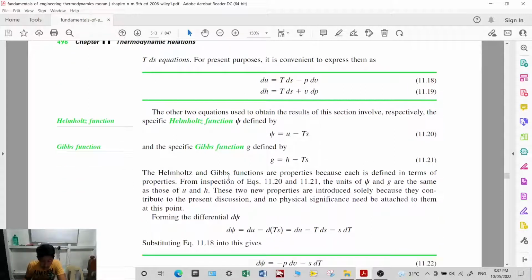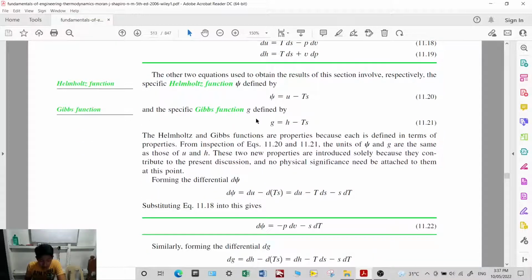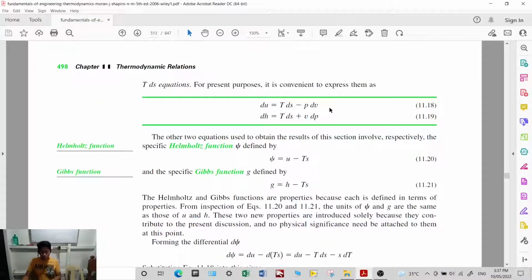Kay kung makabalo ka pag-calculate ana, then you can construct the steam table. Okay? So based on this equation, we already know these two equations, du and dh.